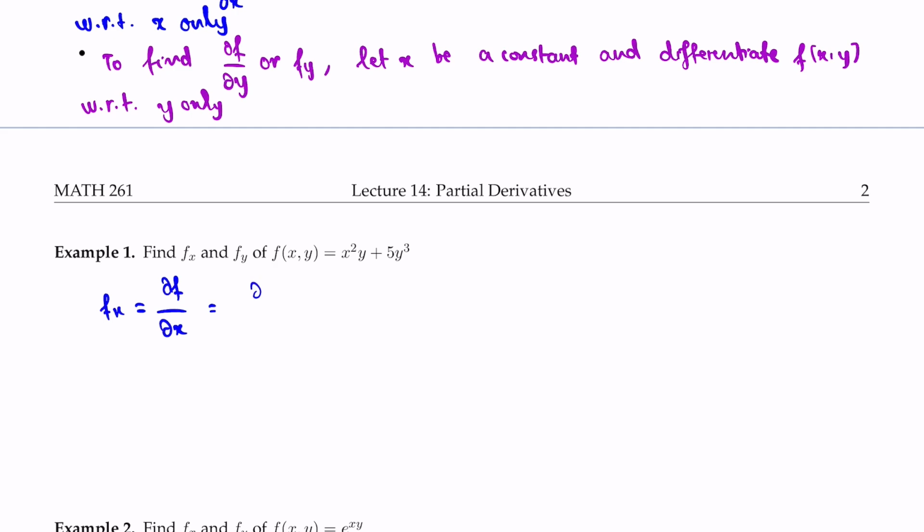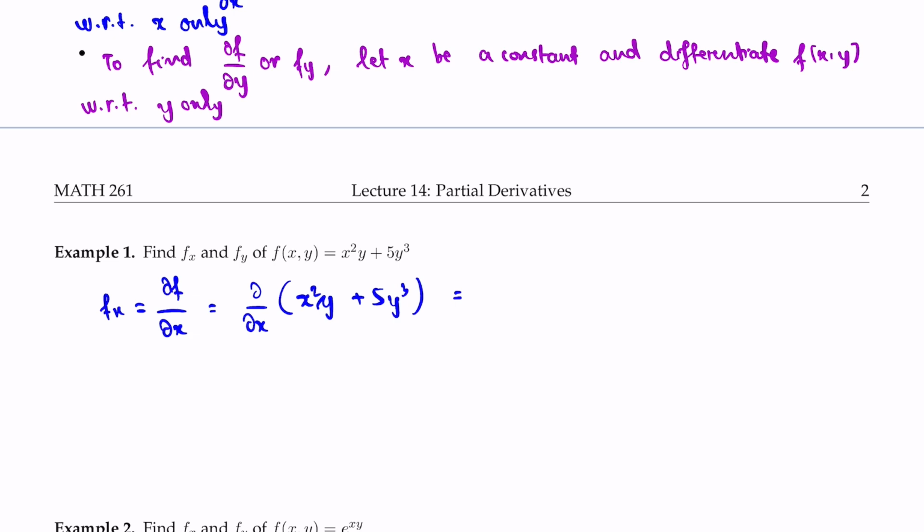So I'm going to do partial x of x squared y plus 5y cubed. Again, remember you take the partial derivative of the function with respect to x. So y is a constant. 5 times y cubed is also a constant. So basically you just take the derivative of x squared. The derivative of x squared is 2x, as you know from single variable calculus.